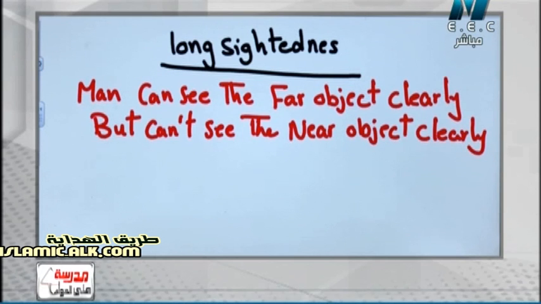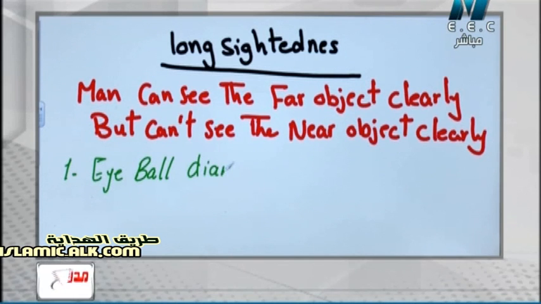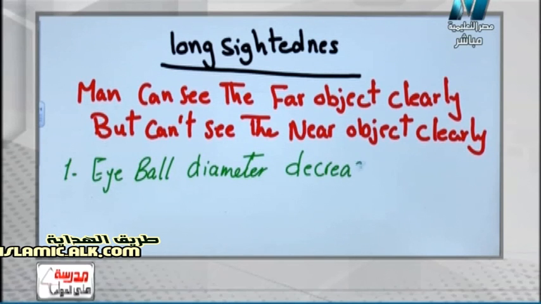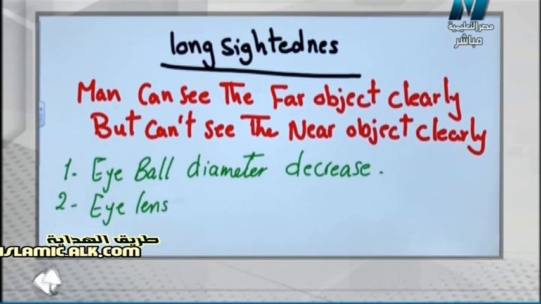So we have reasons here. The first reason: the eyeball diameter decreases, meaning the eye shrinks. So what happens to the eye lens?